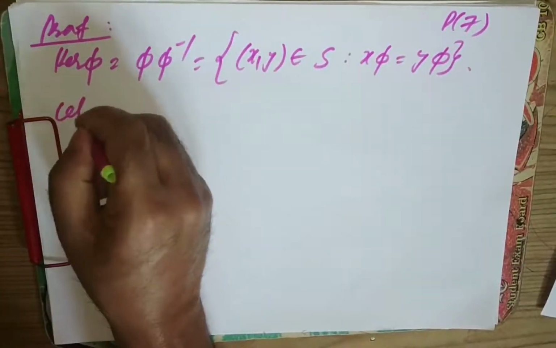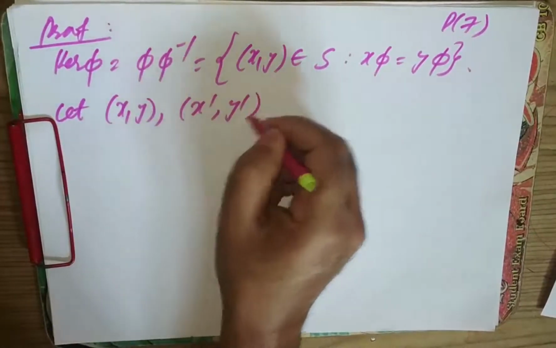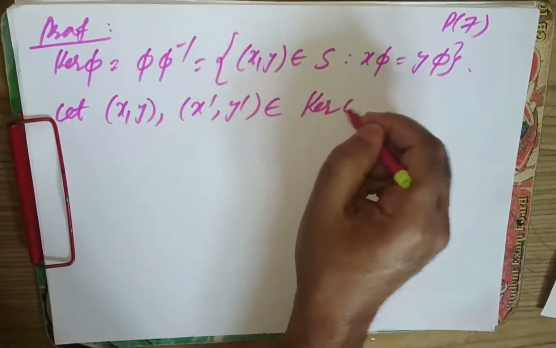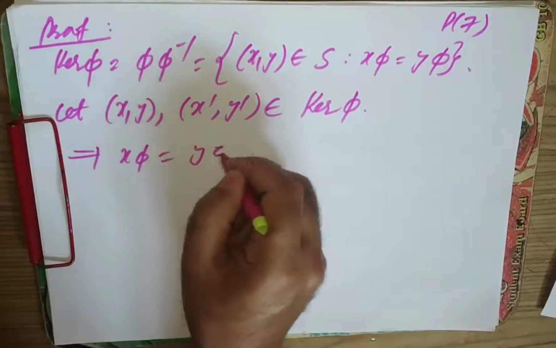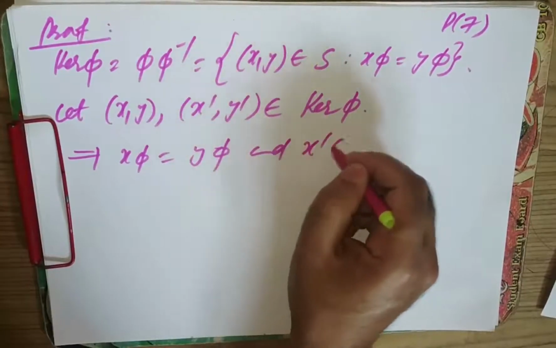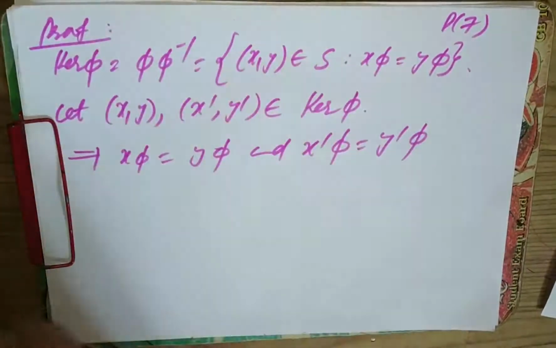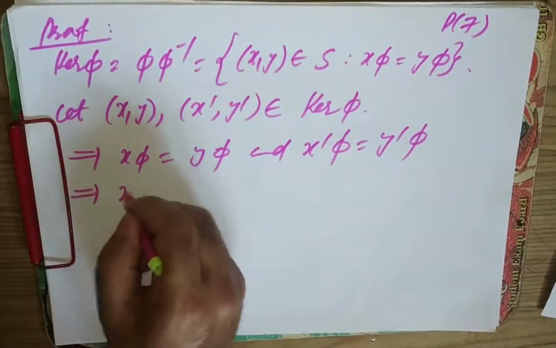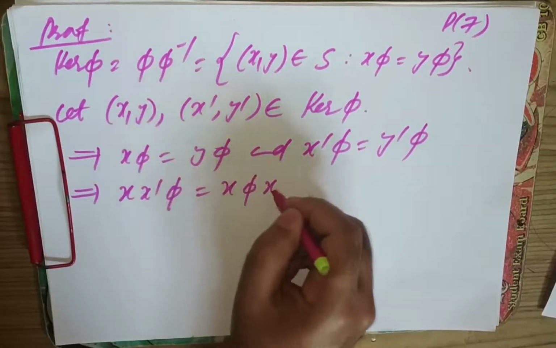So let's choose any two pairs x, y and x dash, y dash belonging to the kernel of phi. This means x phi is equal to y phi and x dash phi is equal to y dash phi, by definition of the kernel of phi. So this implies x x dash phi is equal to x phi x dash phi.